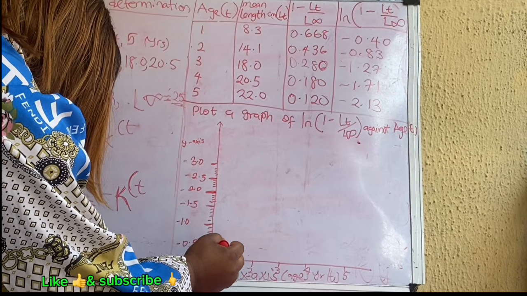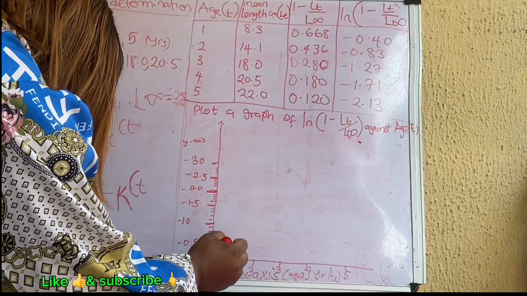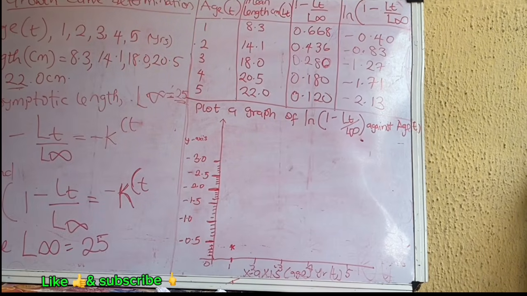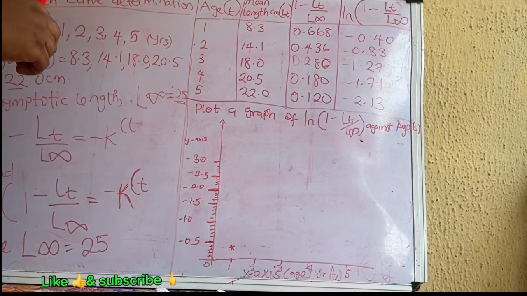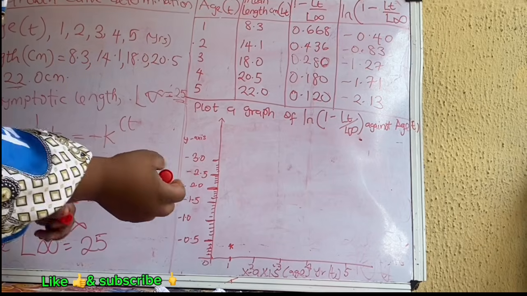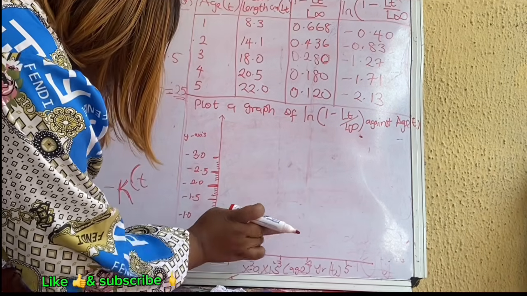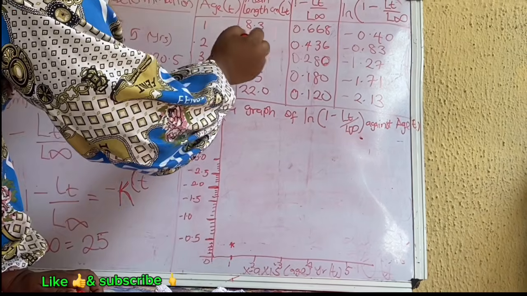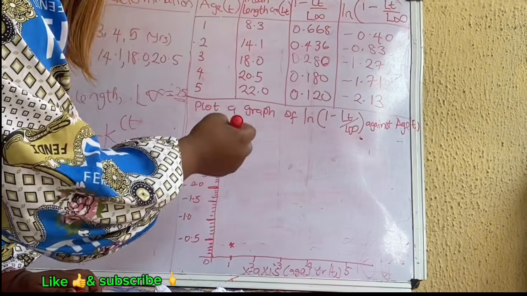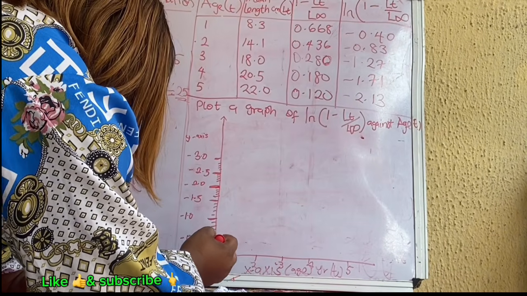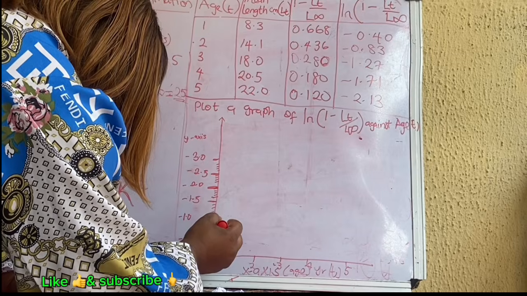So you strike it here, and don't forget your answer must be in a linear form. That's why they say linearize the equation. Then in age 2 you have 0.83, which is 0.8. This is 5, 6, 7, 8, somewhere here.